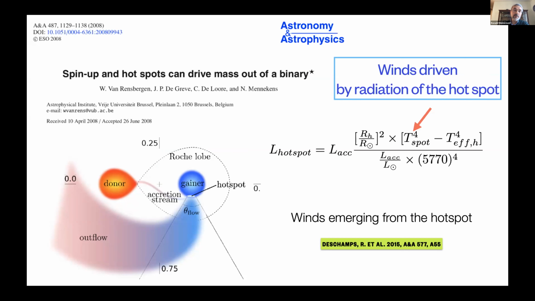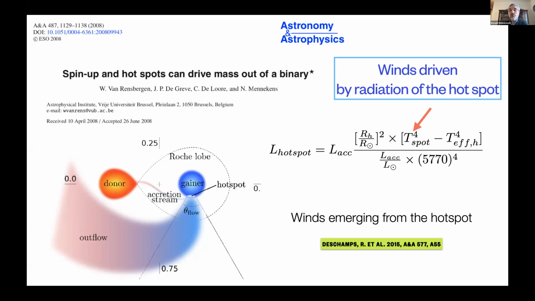But if an accretion disk is formed, the stream impacts the disk and not the gainer. In both cases, a hotspot is produced, and the luminosity of the hotspot is proportional to the fourth power of its temperature. So hotter spots have a larger luminosity and can eventually drive a large wind.